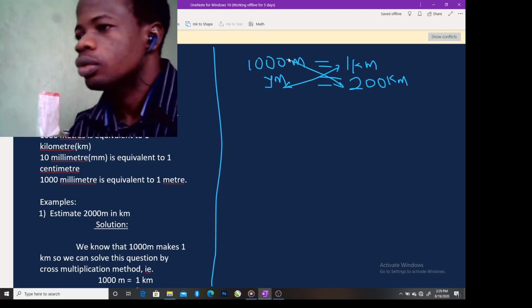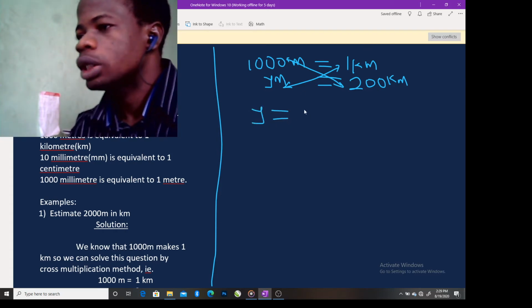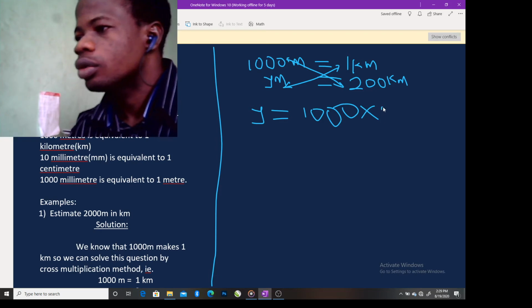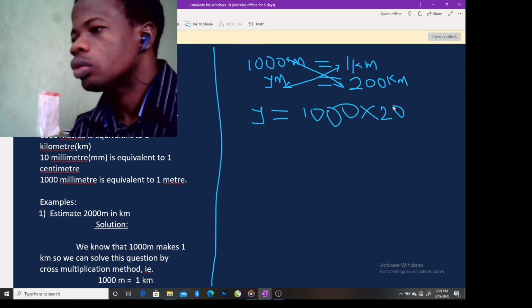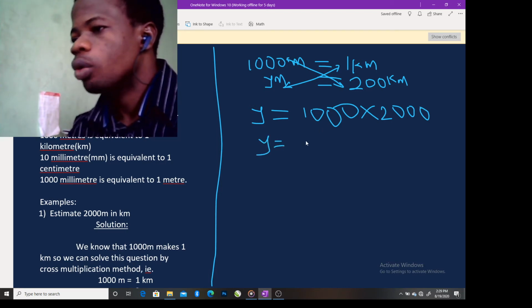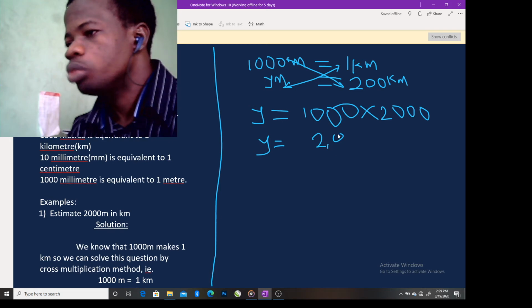So y times 1, that will be y, and that will be equal to 1,000 times 2,000. And what would that be? y is equal to 1,000 times 2,000. That's 6 zeros. That is 2 million. I have 2 million.